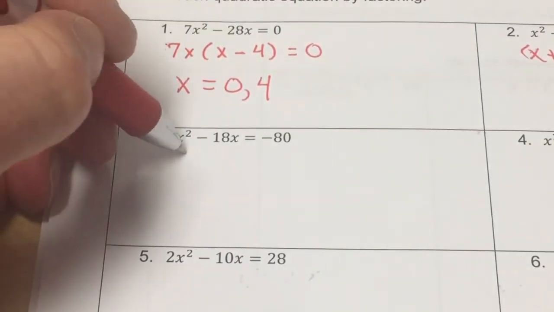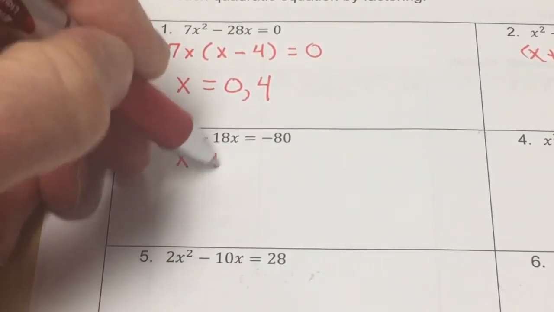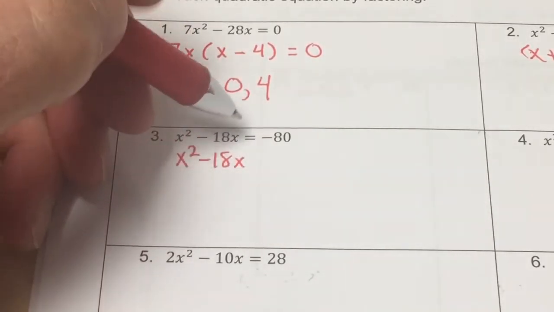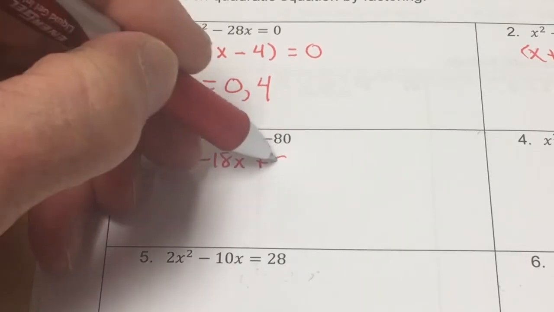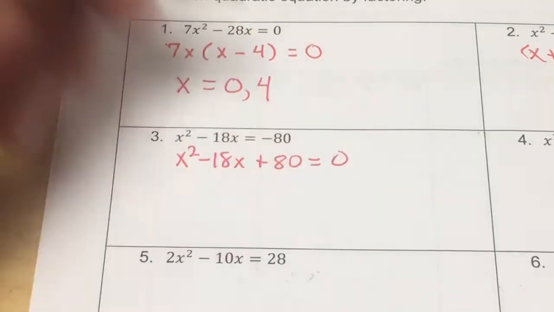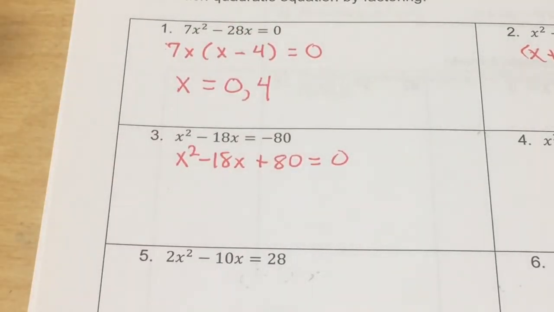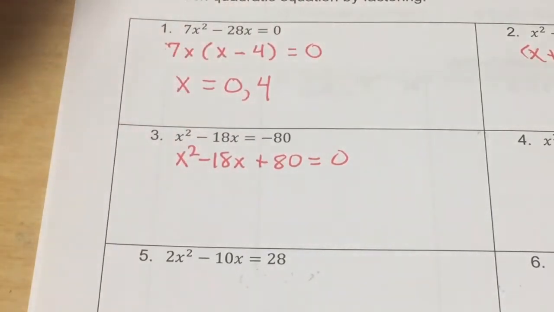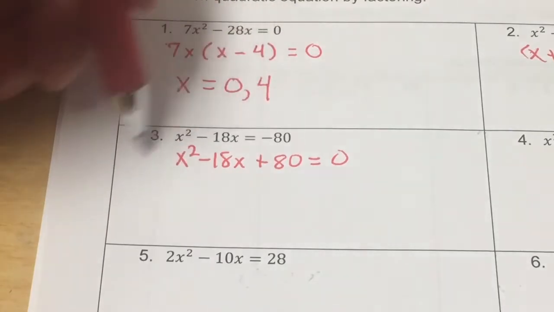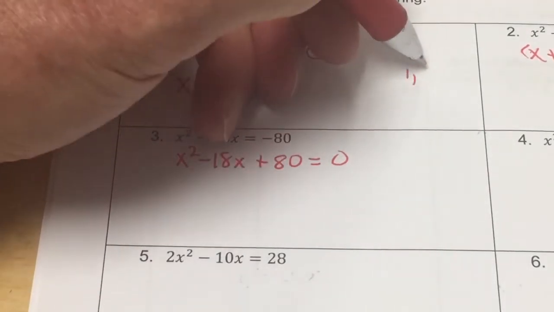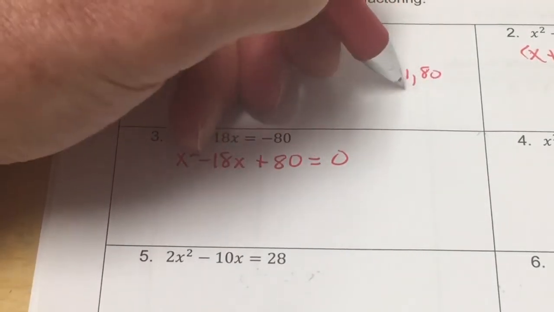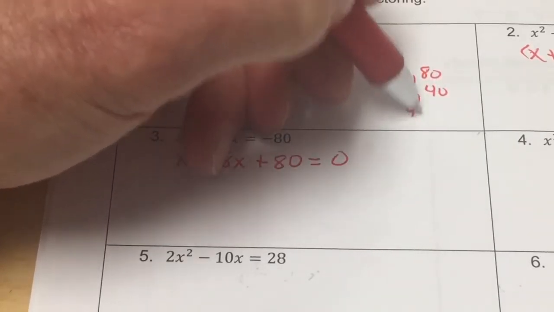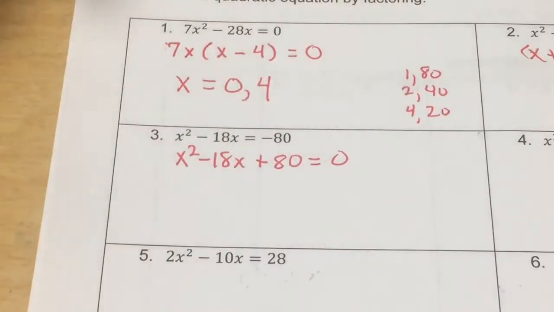Moving over to number 3. For that one, our factoring strategy can't work until we make it equal to 0. So to accomplish that, we will add 80. And so now 80 is on the same side with everything else. This looks more like what we're used to seeing when we factor a trinomial. And we've got a lot of possible factors for 80. There's 3 of them.